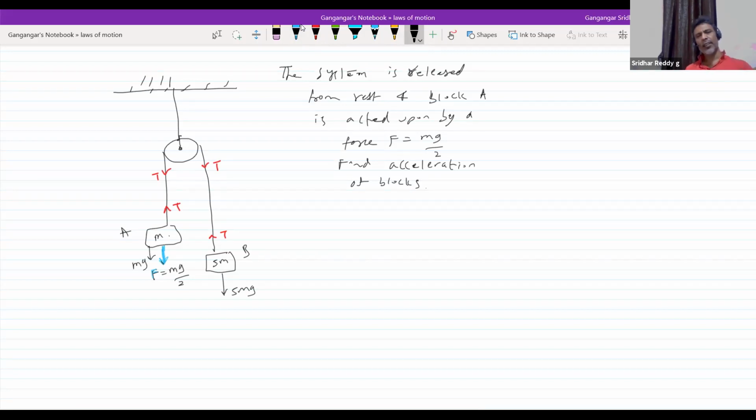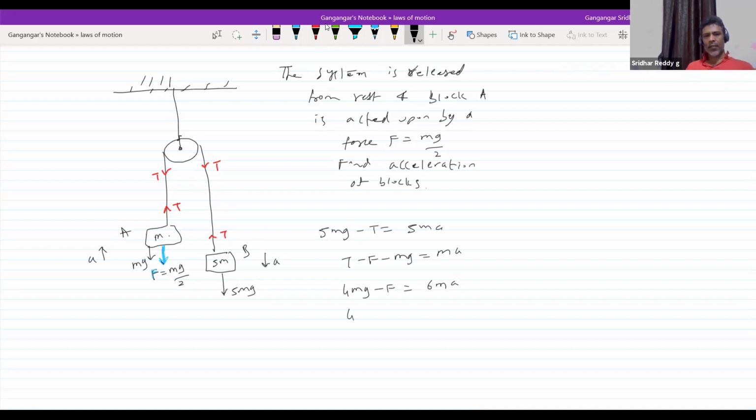So now write the equation. Both will have the same acceleration. So 5mg minus T equals 5ma. Then T minus F minus mg equals ma. Adding up these two, 4mg minus F equals 6ma.